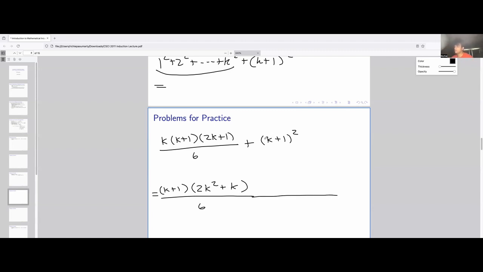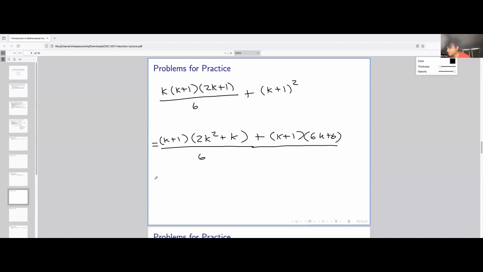Okay, so now when I make it over 6, I'll get (k+1) times (6k+6). Okay, so now I can combine these, like I can use the distributive property. I have (k+1) times (2k squared plus 7k plus 6) over 6.